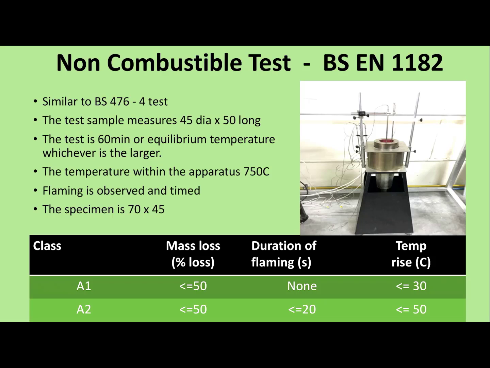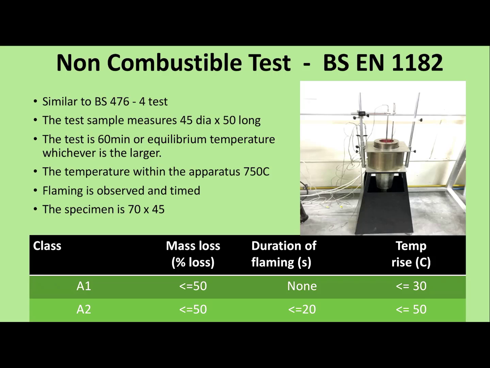So it sits in there for 60 minutes, or until the equilibrium temperature between the furnace and the center of the product, whichever's the longer. Then the product is taken out and weighed, and it's allowed to lose 50% of its mass. Generally, if it's this type of product that's going to be non-combustible, then the majority of that weight loss will be water at that particular temperature.